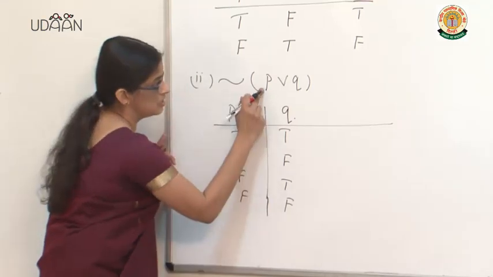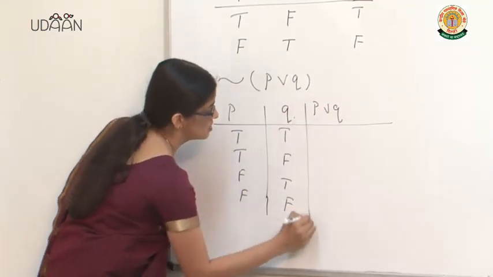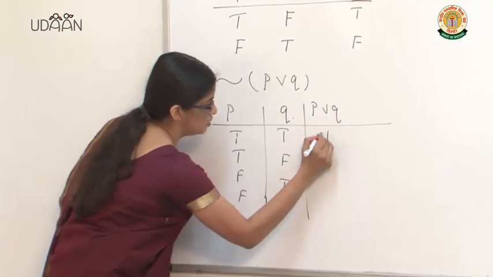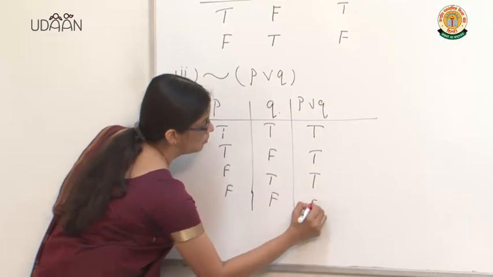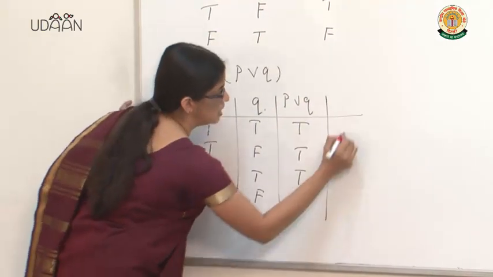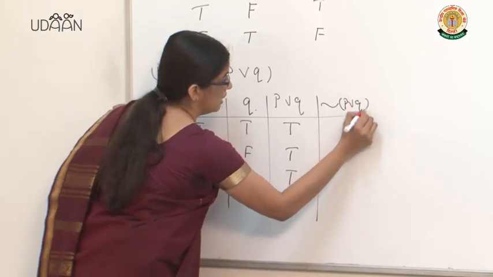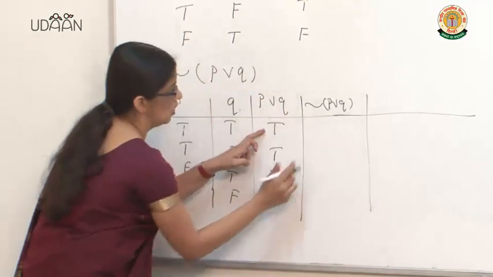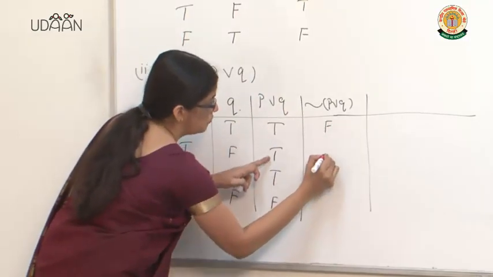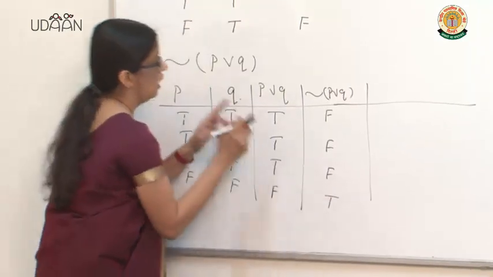We have to calculate first P or Q. P or Q is T or T. Make it quickly. True, true, true or false. Now we need to take the negation of P or Q. It is the negation of this column, which gives you false, false, false and true.